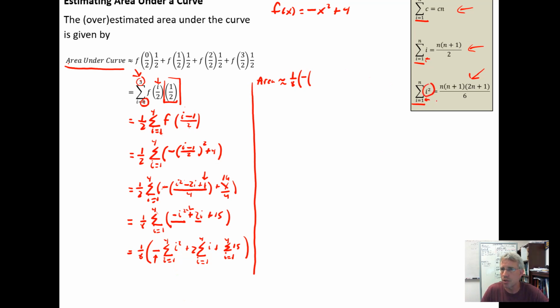My summation formula for the sum of the i squareds from 1 to n, in this case n is equal to 4. So we're going to get 4 times 4 plus 1 is 5 times 2 times 4 is 8 plus 1 is 9, and it's all over 6.